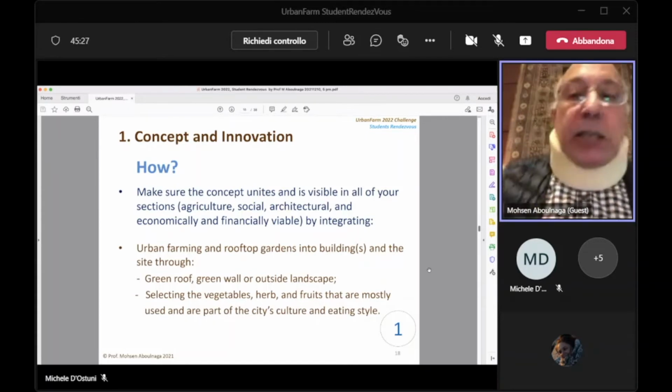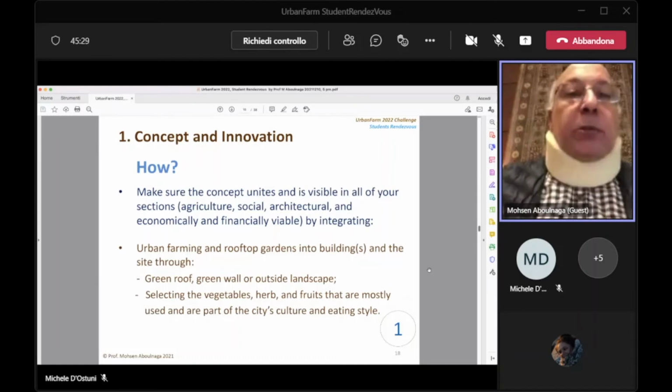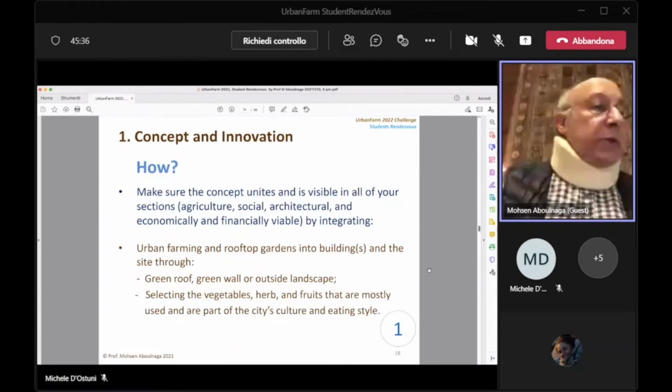Don't pick any type of vegetables and fruit. You need to look at the city, what the people eat, what they prefer, so that will be economically viable.